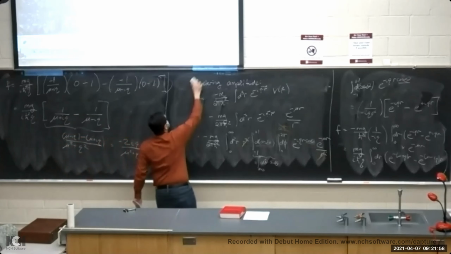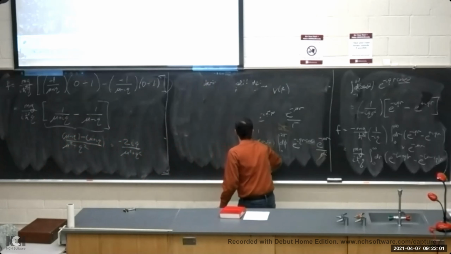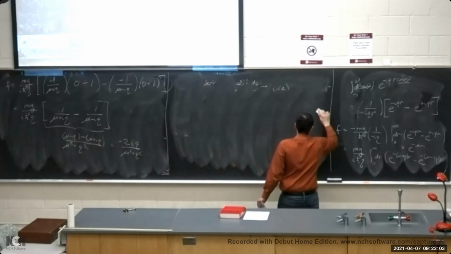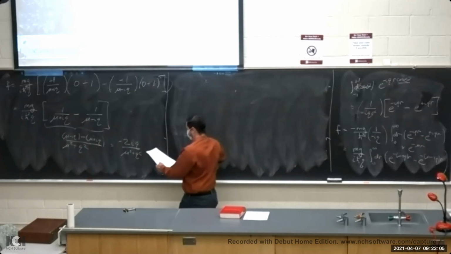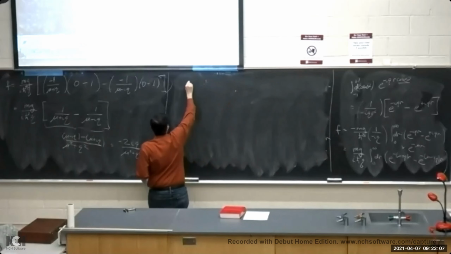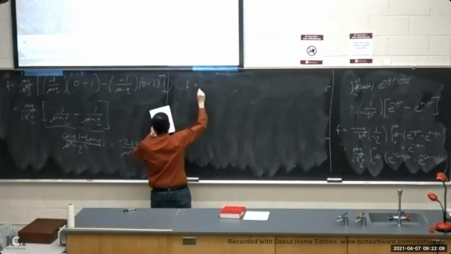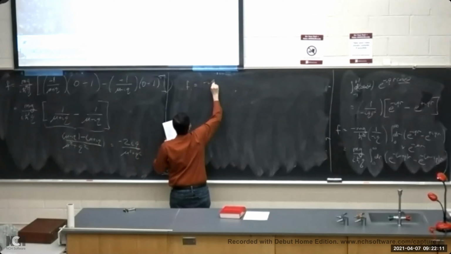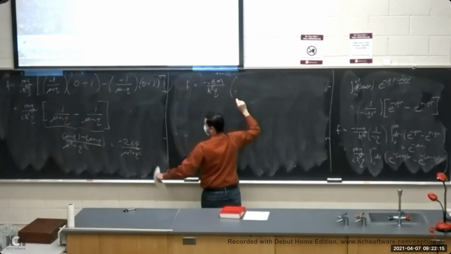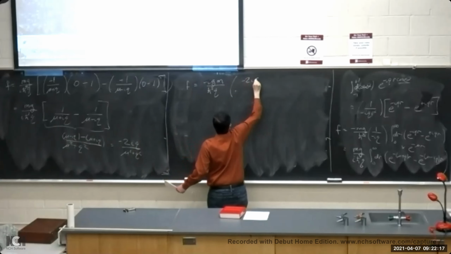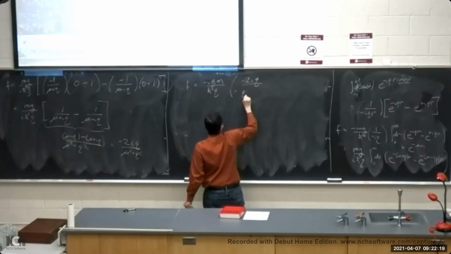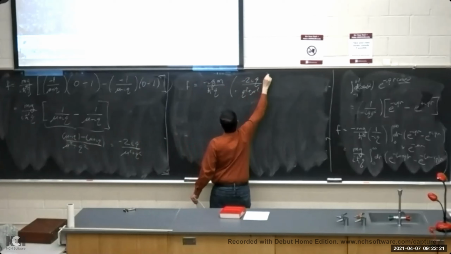So at the end of the day, this gives me F equals minus i G m over h bar squared q. From the integral, we got minus 2iq over q squared plus mu squared.